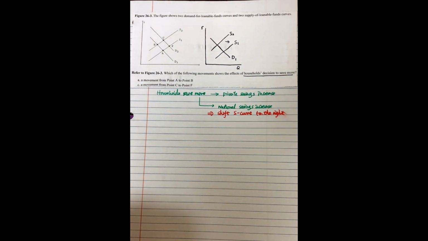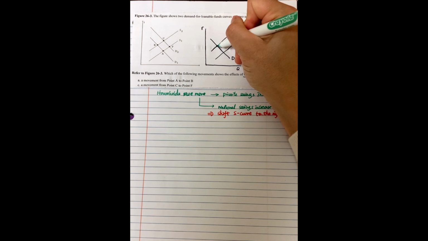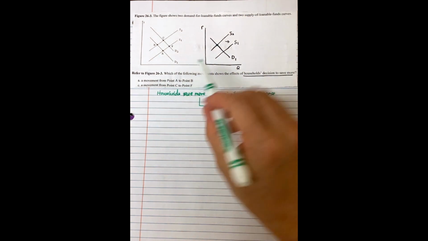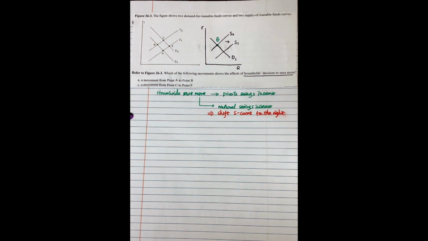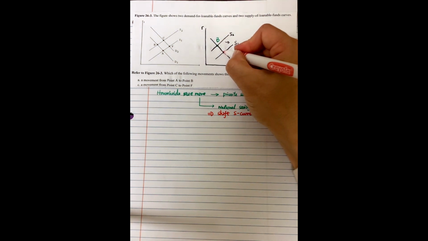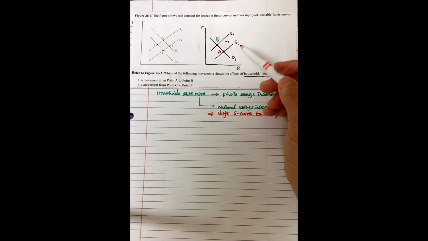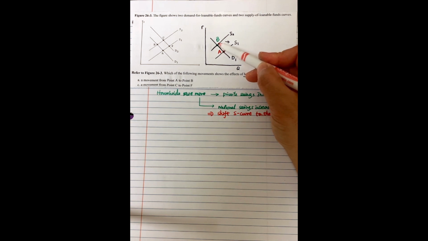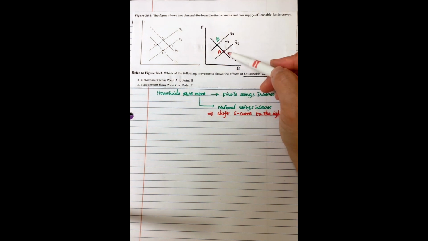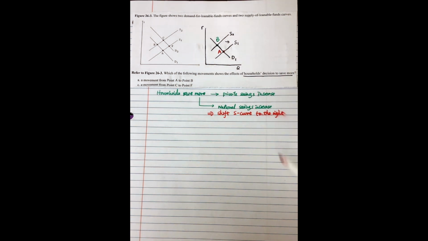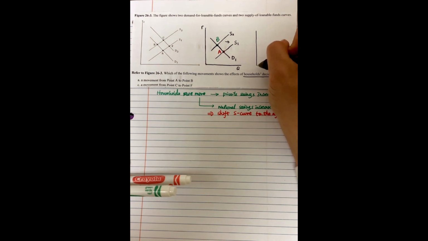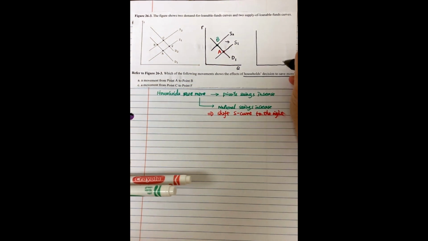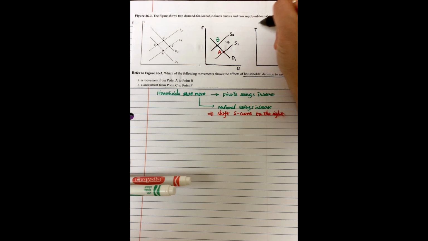We have the original equilibrium point here. Corresponding to this graph, it should be at point B. And after we shift the supply curve to the right-hand side, it will result in a new equilibrium point at point A. So it is a shift from point B to point A. Or if you look at another demand curve, I treat this one as Q, and this is still our real interest rate.